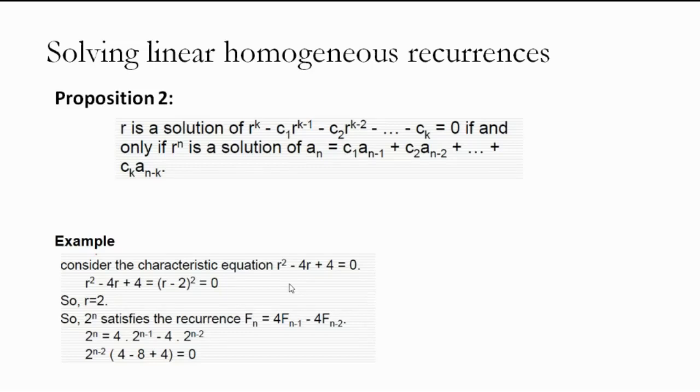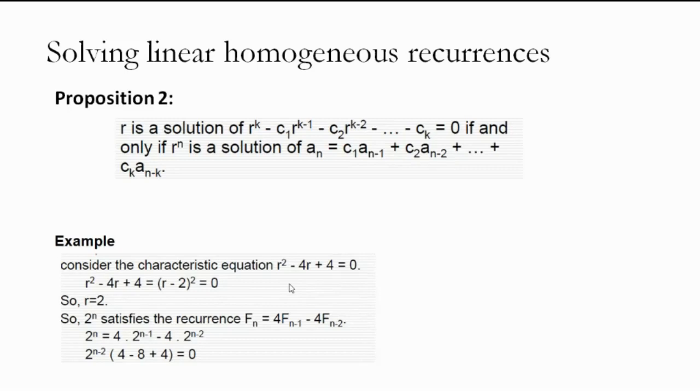So you can prove or you can get the characteristic equation of this form if and only if this r power n, whatever is the degree is there, okay, is the solution to this an is equal to the linear relation. Consider the characteristic equation of the form r square minus 4r plus 4. Now tell me what could be the linear relation without seeing the answer.